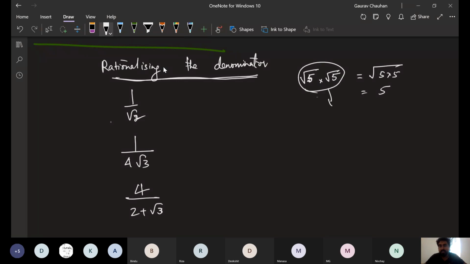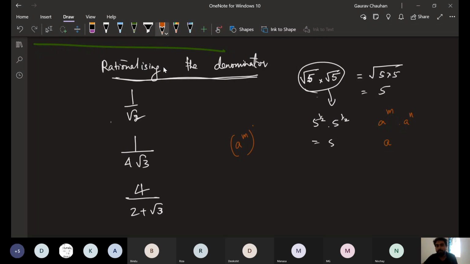One more way of looking at it, exponent wise, is 5 raised to the power half into 5 raised to the power half. How much is this, Dinesh? This is a to the power m into a to the power n. What does it become? Do you remember the exponent law? It does not become m into n, Dinesh.